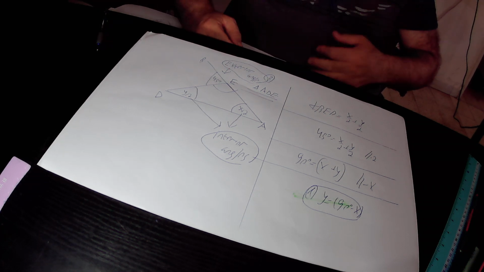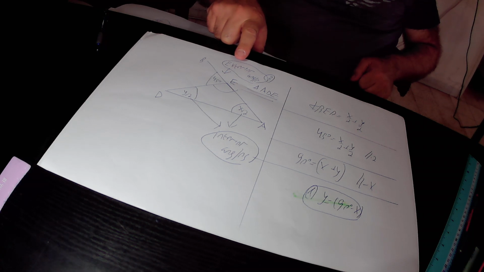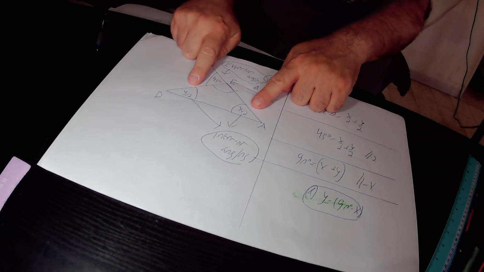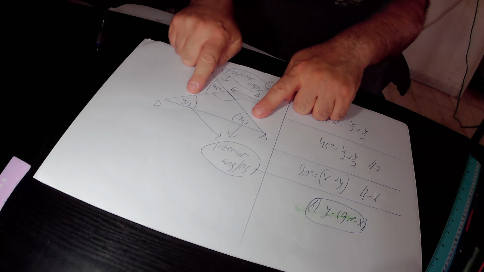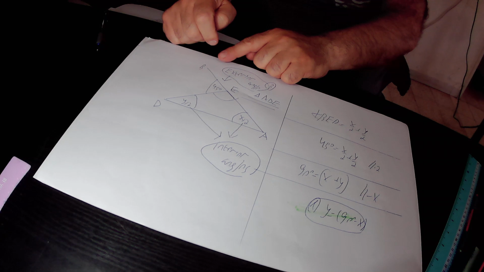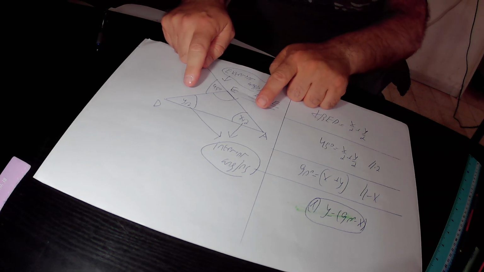So according to rule 4, the size of external angle BED must be equal to the sum of the two internal angles that are not adjacent to it. Those are the two internal angles that are not adjacent to it, and the sum of those two internal angles is of course x over 2 plus y over 2. Therefore the size of this external angle BED must be equal to x over 2 plus y over 2 according to rule 4.